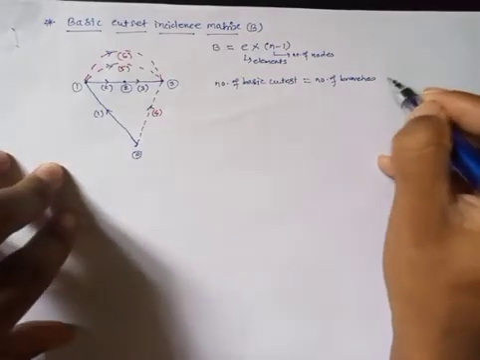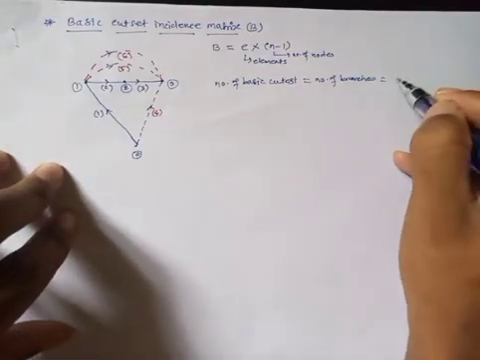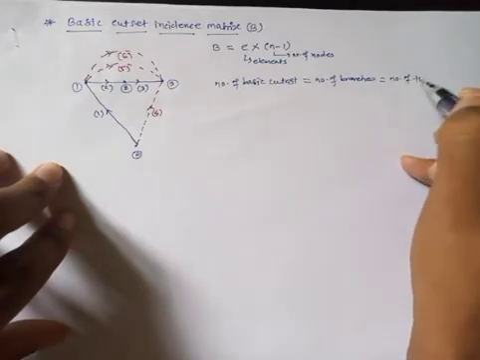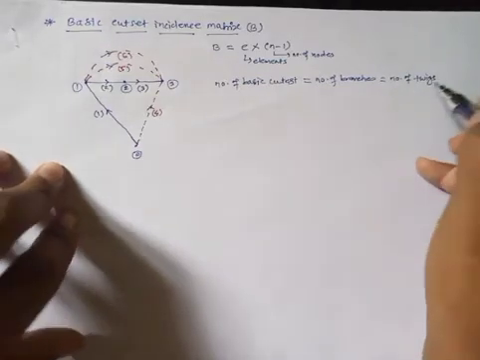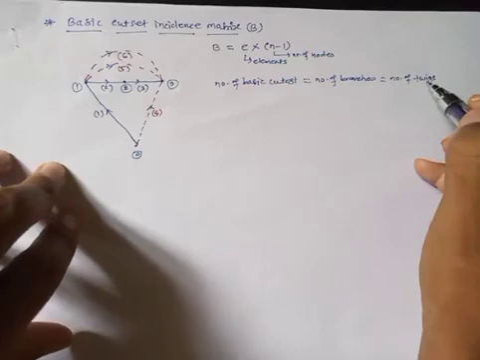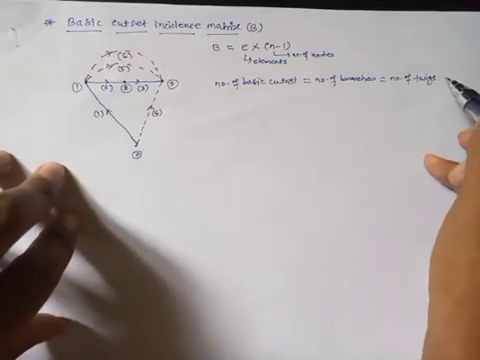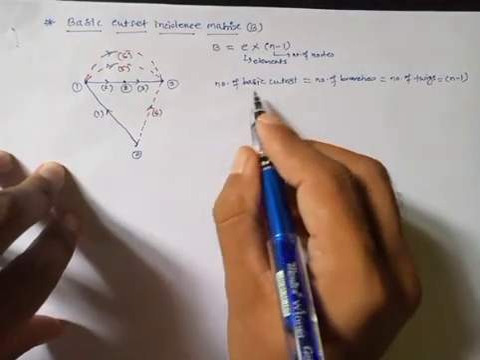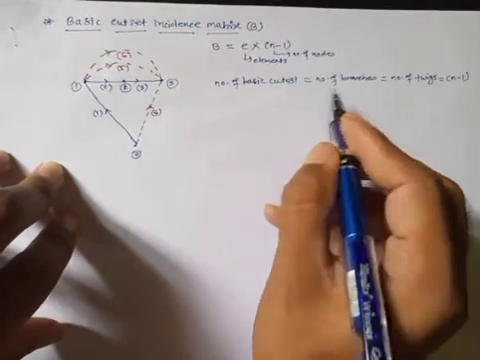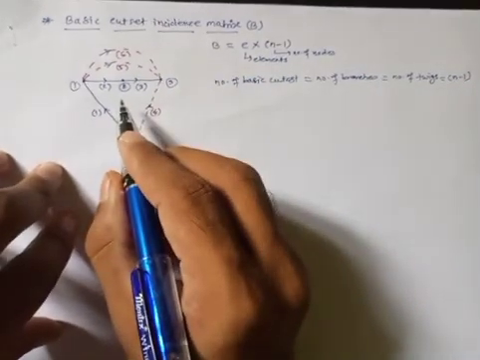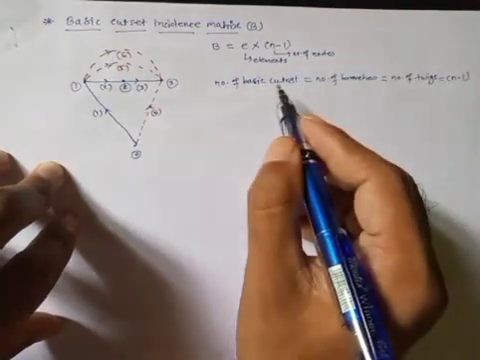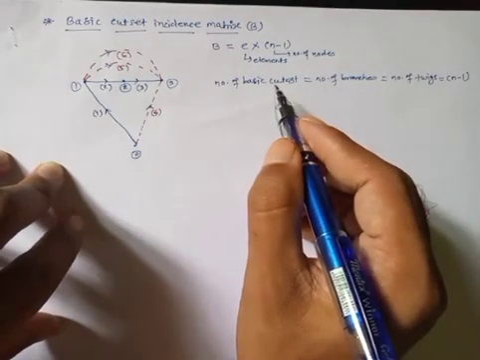Here the number of branches means the branches of the tree, or you can say the number of twigs. Either you call them twigs or the branches of the tree, and that will be n minus 1. So the number of basic cut sets will be the number of branches: there are 3 branches, or you can say n minus 1. So there will be 3 basic cut sets.